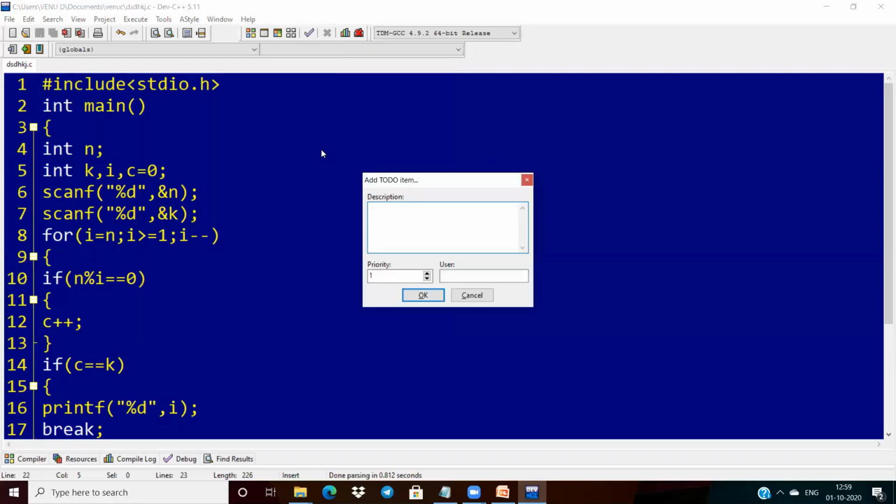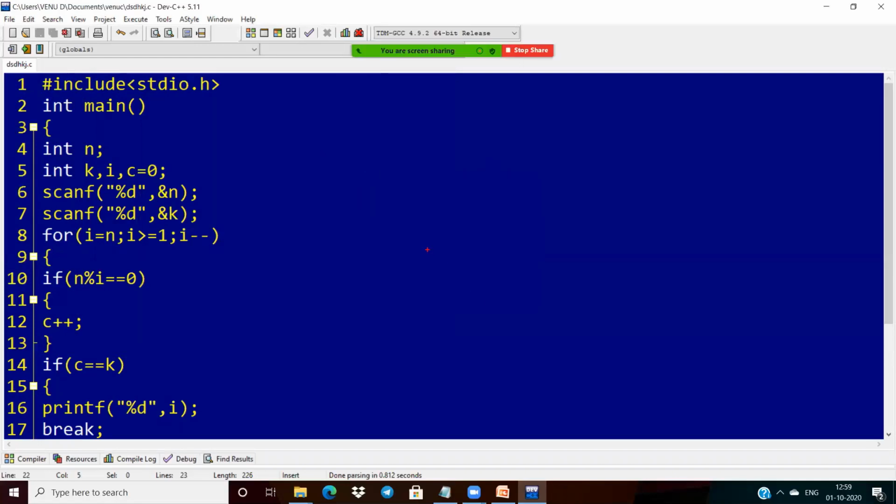If I am giving input n as 30 and k value as 9, find all the factors of 30. First, 30 is divisible. Next, 29 no, 28 no, 27 no, 26 no, 25 no. Like this, 24, 23, 22, 21, 20 also not possible.